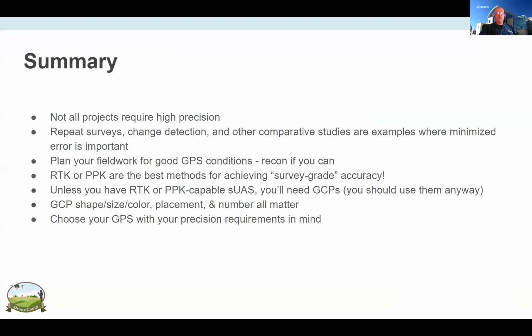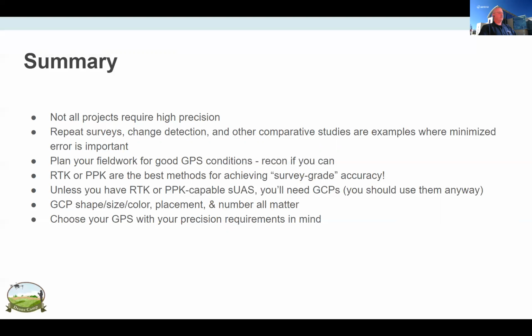So, in summary, we don't always need high precision, but when we want to do repeat surveys, change detection, and other comparative studies, we want to minimize the error, and we want to make sure that any differences we're seeing from time 0 to time 1 are real differences. We want to plan our time out in the field for a time when GPS conditions are good.